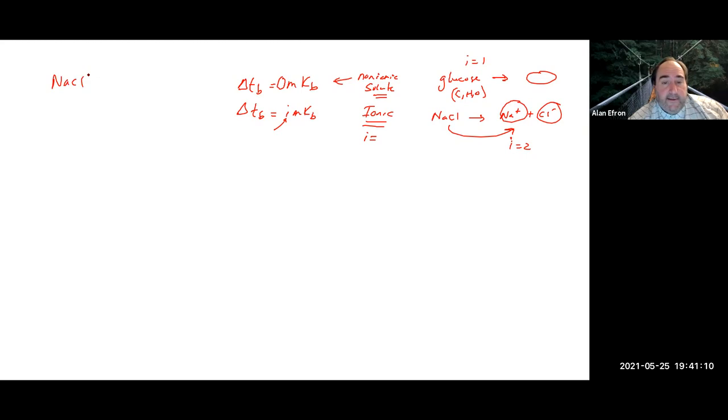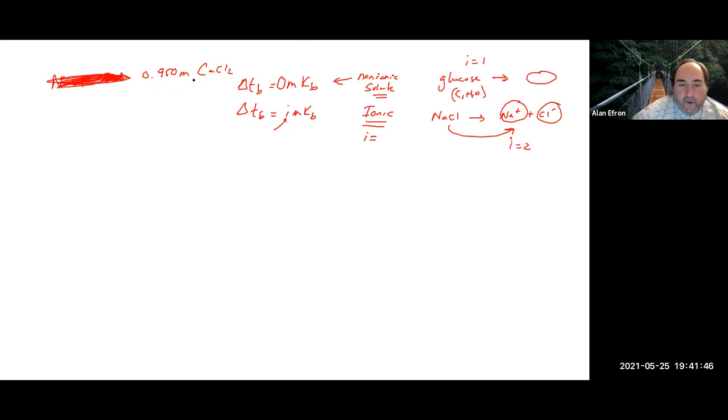Actually, I won't do the one that's in the lab. Let me do one that's different: 0.950 molality calcium chloride. Let's say we had this solution and we want to figure out what the boiling point temperature would be.